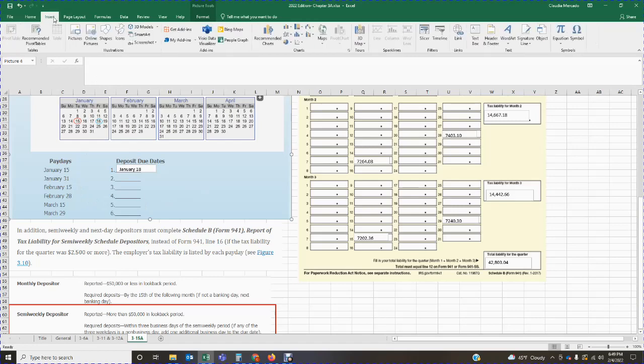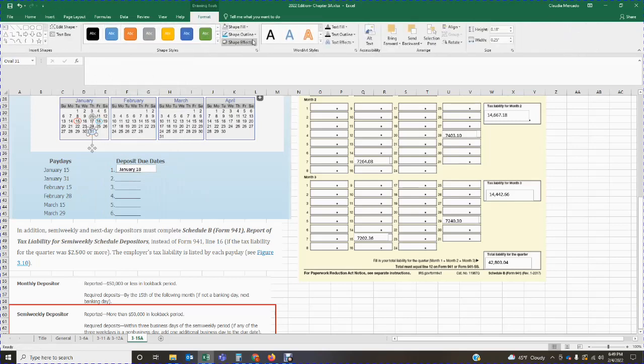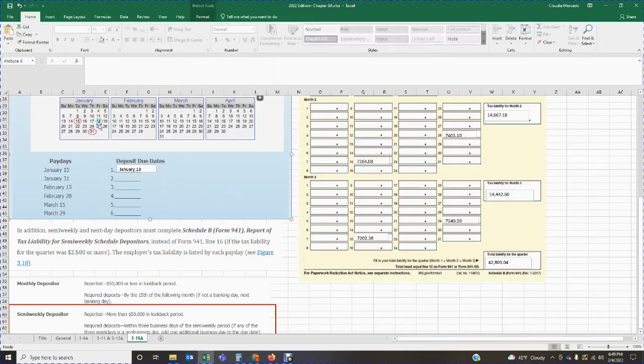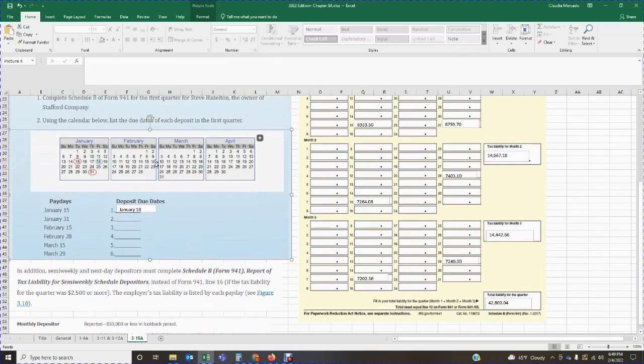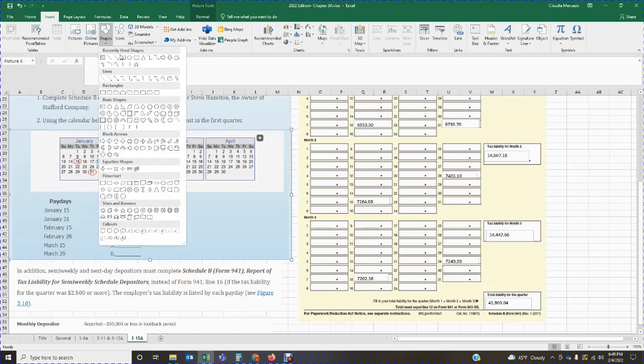Now let's look at the next one. January the 31st falls on a Thursday. So if the payday falls on a Thursday, the deposit is due the following Wednesday. So the following Wednesday after this would be the 6th.